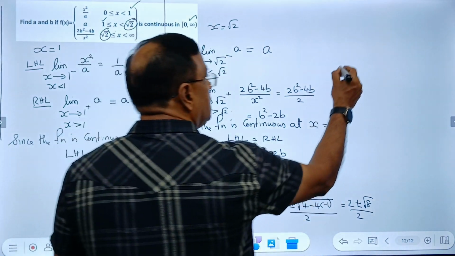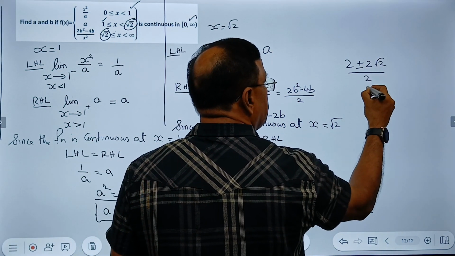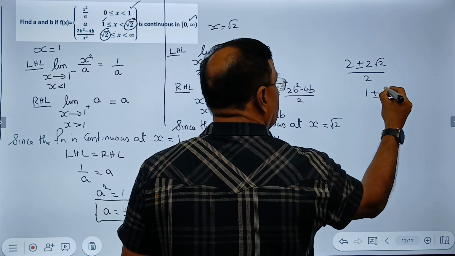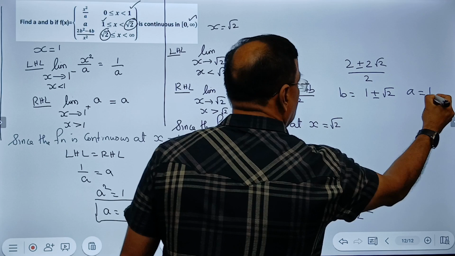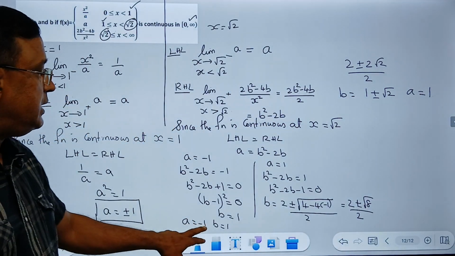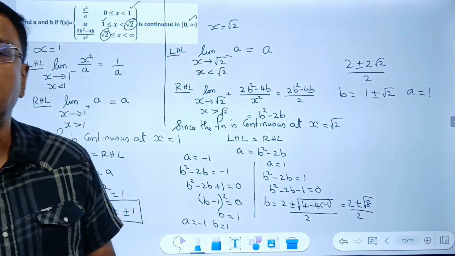But root 8 is what? Plus or minus 2 root 2 by 2. So 2 can be cancelled. You get 1 plus or minus root 2. This is your b value when a equal to 1. So when a is minus 1, b is 1. When a is 1, b will be 1 plus or minus root 2.